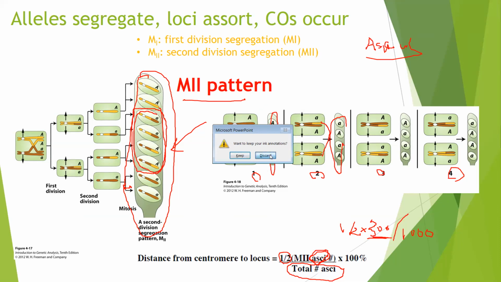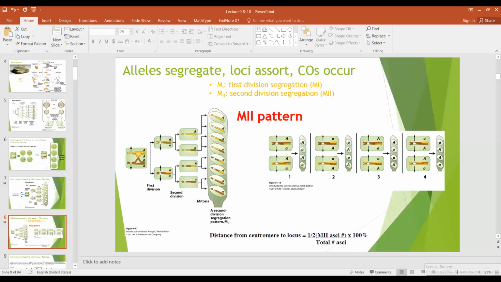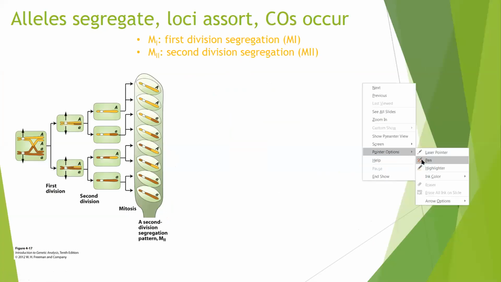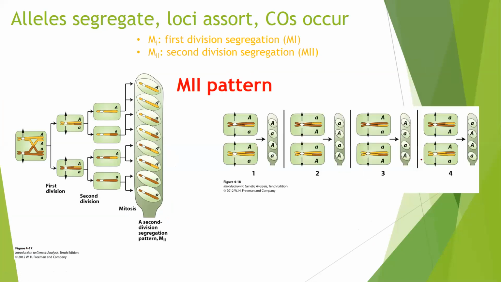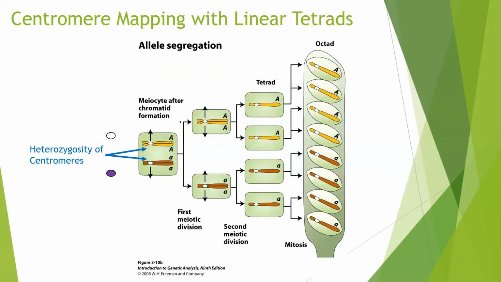Okay. Yes, hello, excuse me, Dr. Jia. Just one confirmation. Does the M2 pattern refer to the entirety of the gametes within the ascus, including the parental and recombinant types, or does it just refer to the recombinants? You mean M1?